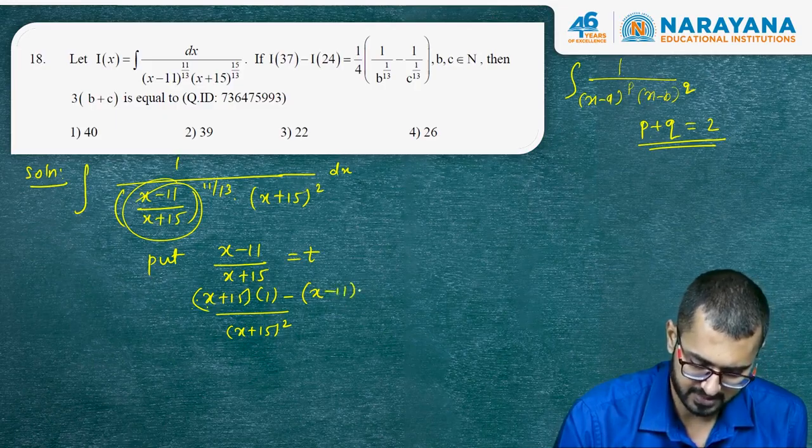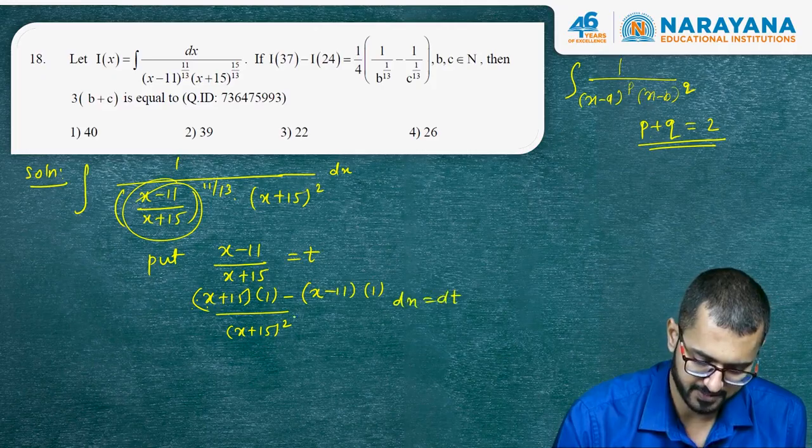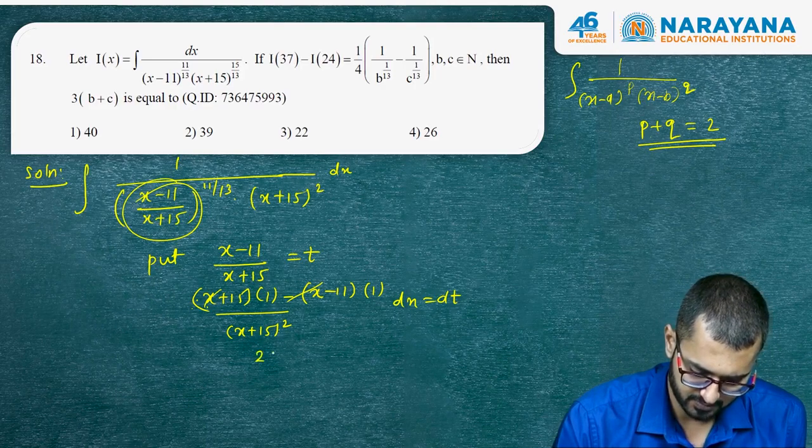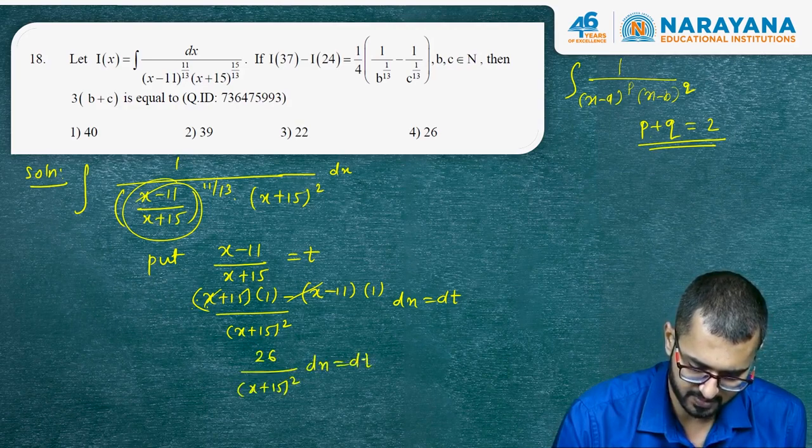So (x minus 11) derivative will become 1. dx is equal to dt. So from here this x and x will get cancelled. 15 plus 11 will give me 26. So 26 over (x plus 15) square dx is equal to dt.